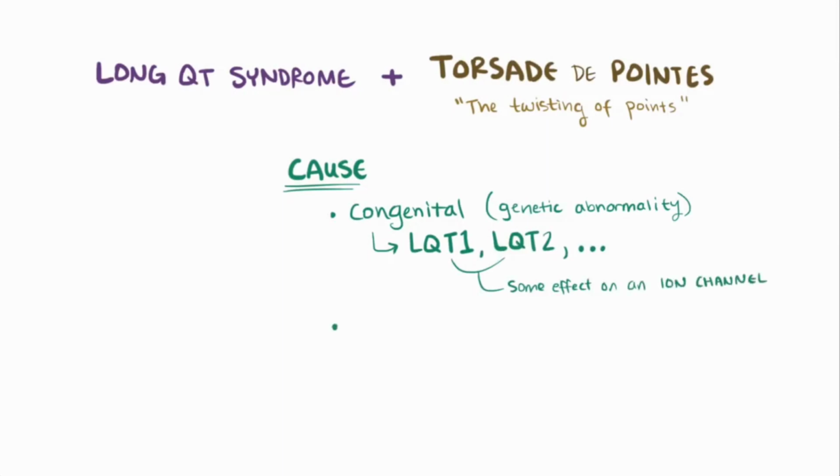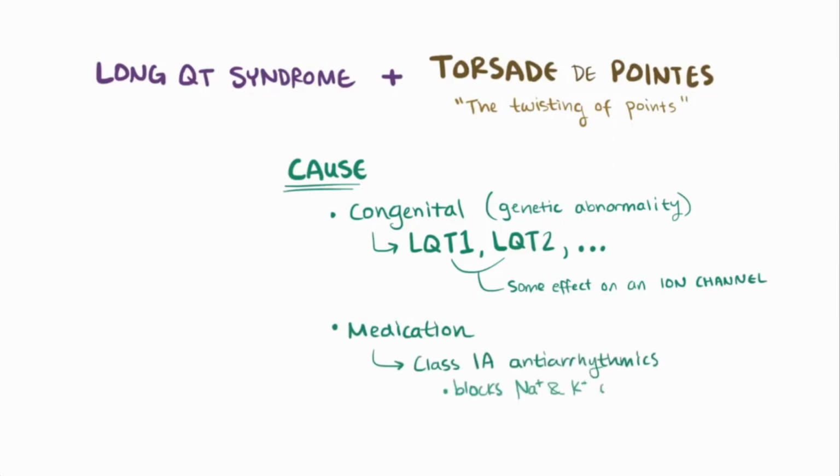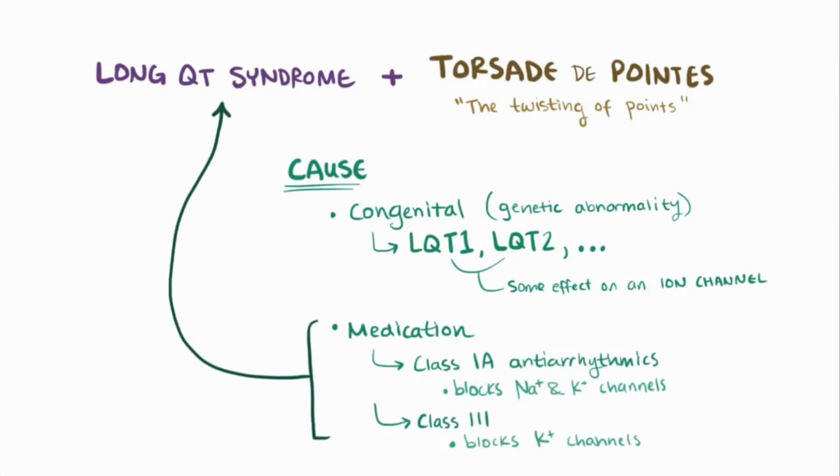Aside from congenital causes, though, sometimes the QT interval can be prolonged by certain medications, which affect ion channels. For example, Class 1A antiarrhythmic drugs block sodium and potassium channels, while Class 3 block potassium channels. And these effects can lead to QT prolongation and an increased risk of torsades de pointes in some patients.